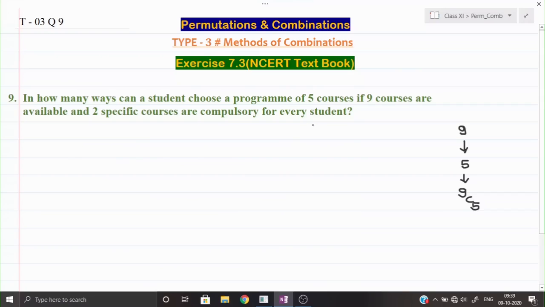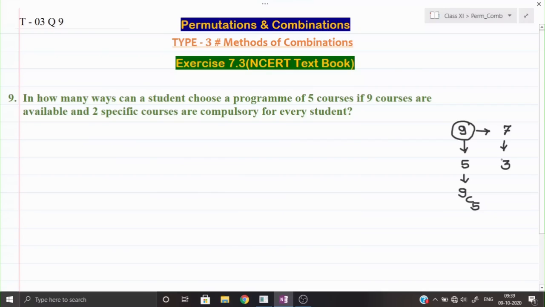So see, first of all, out of 9, now how many choices are available to us? Out of 9, the choices available here are 7. Overall how many courses do we have to select? 5. But now since 2 are compulsory, how many courses can we select actually? So we can say that now we shall select only 3 courses.